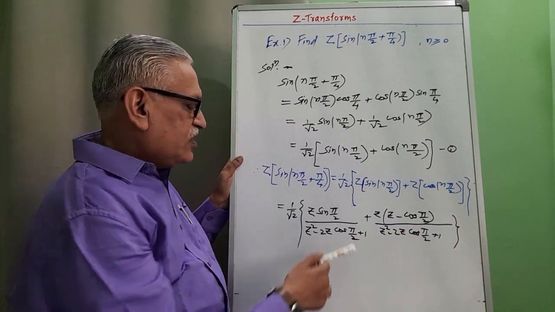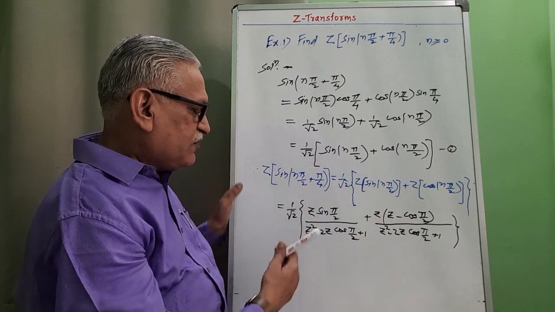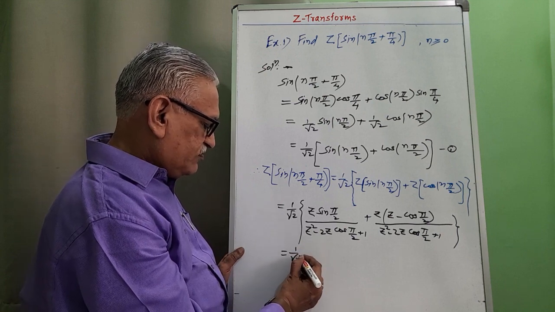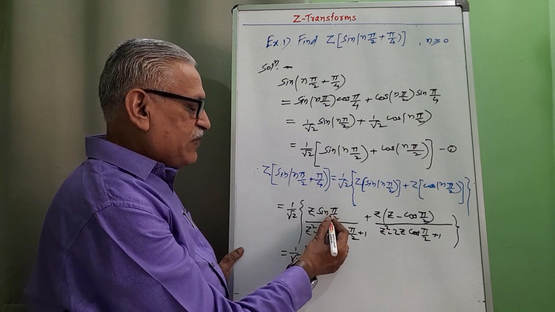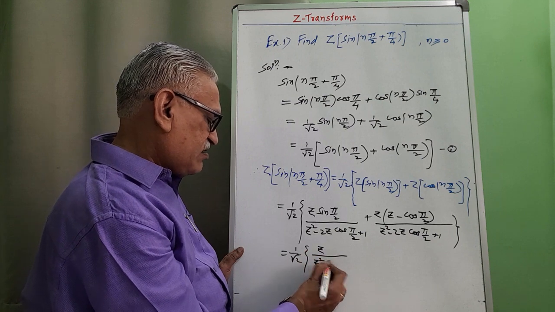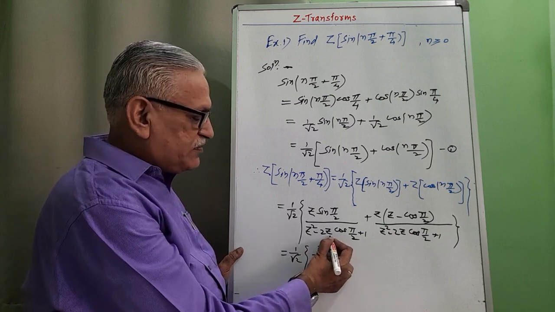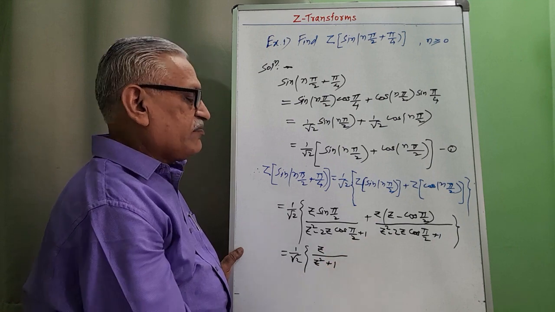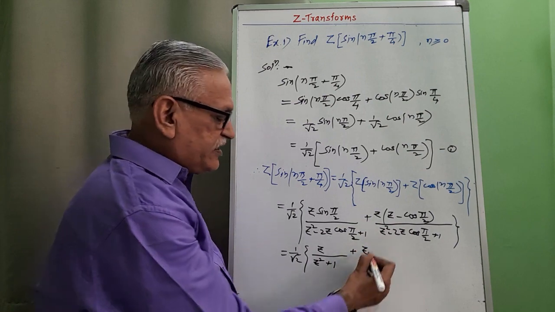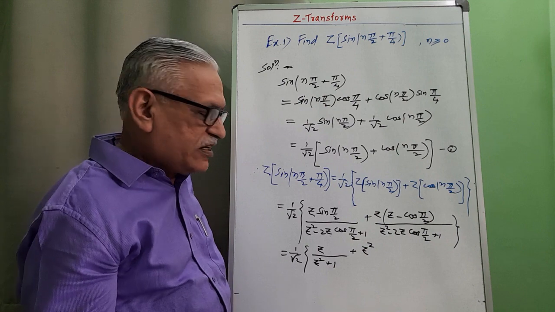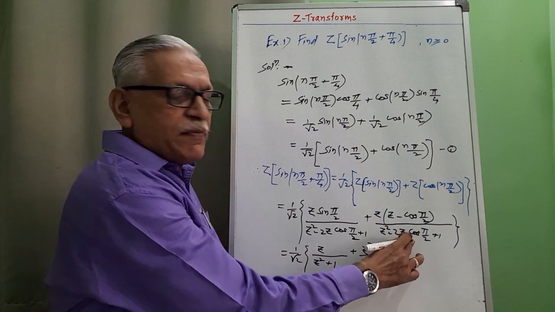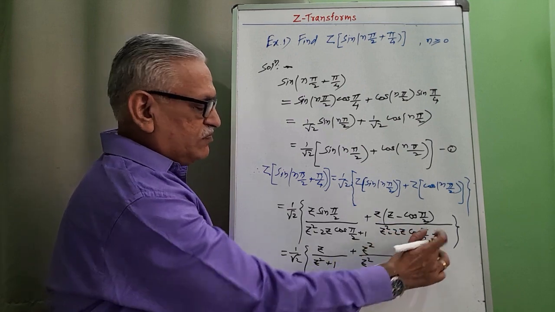And we know the standard values. Sin π/2 is 1, cos π/2 is 0. Therefore, using those values, we can simplify it further. 1/√2, sin π/2 is 1, therefore it is Z divided by Z², cos π/2 is 0, therefore this term becomes 0, and plus 1, and plus Z into Z, we get Z², cos π/2 is 0, that term becomes 0, divided by Z², cos π/2 once again 0, this term becomes 0, and plus 1.